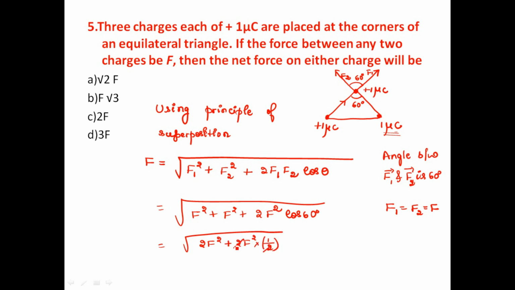Here 2 and 2 get cancelled. We are left with root of 3F square. It can also be written as root 3 into F. What is the net force? Net force is root 3F. Where is the correct option? Here is option B, that says F root 3. I hope you are clear with this.